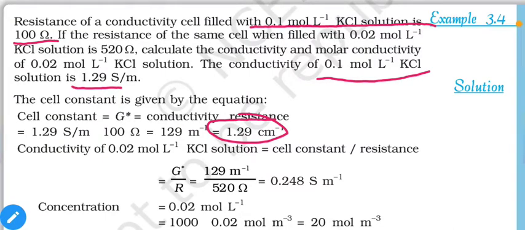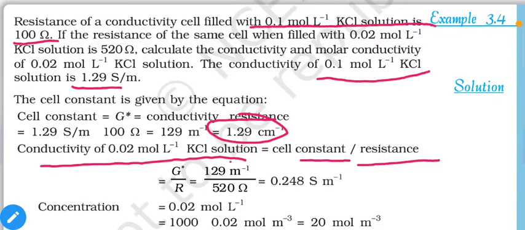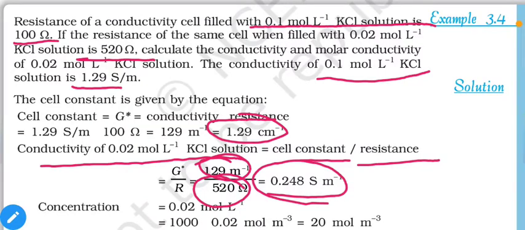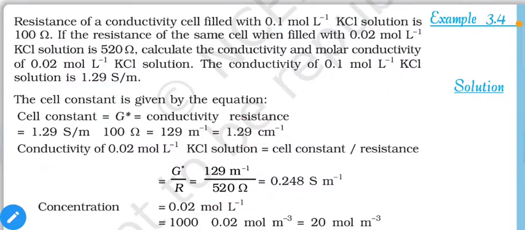Now using the value of this constant we can find the conductivity of 0.02 molar KCl solution. It will be cell constant divided by resistance. So cell constant 129, resistance 520, which is mentioned in our description. So it will be 0.248 S per meter.